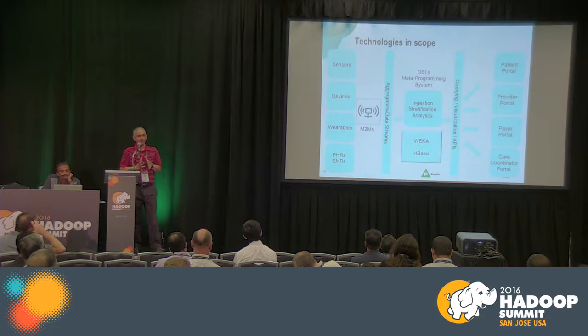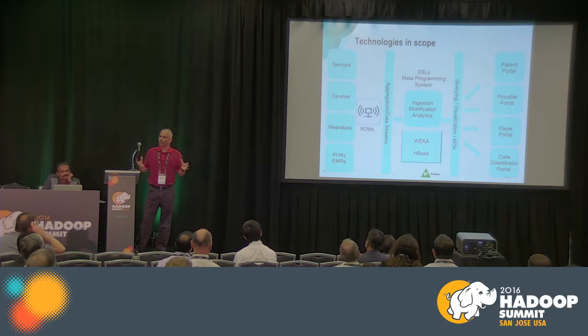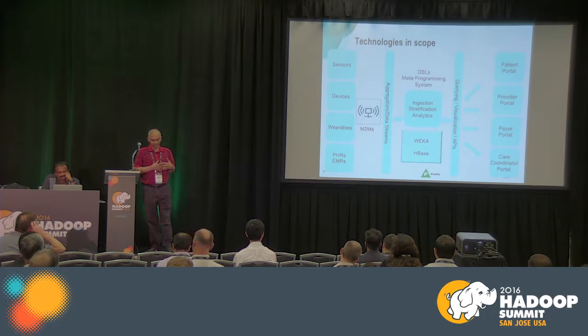So what we want to talk to you about today is how you can integrate the data from these pervasive devices and build an end-to-end solution. On one end are various types of sensors, devices, wearables, phones, PHRs and EMR systems.